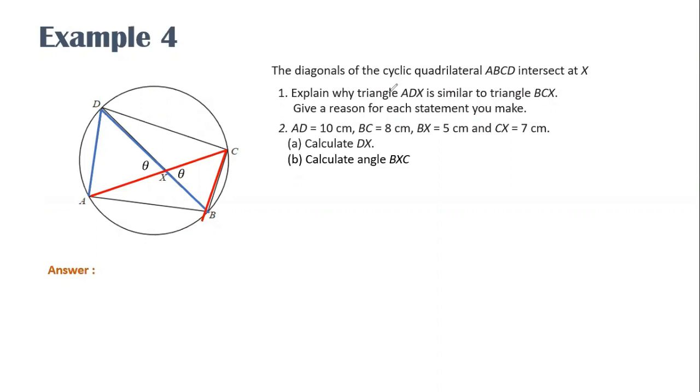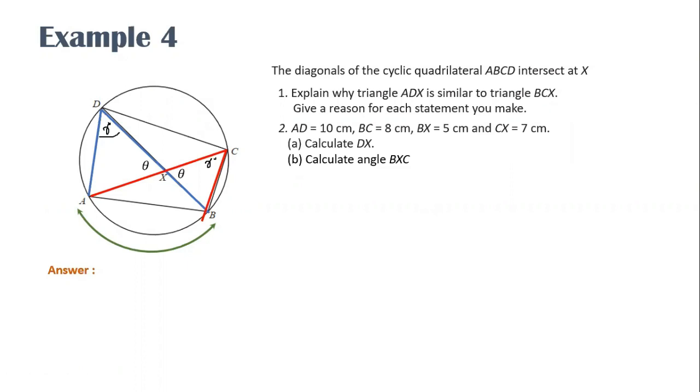And angle ACB or XCB is opposite to arc AB as well. Let's say this one is gamma. Automatically, here is gamma as well, right? Why? Because they have the same arc. The arc is AB. Right? So angle ADB is gamma and angle ACB is gamma.